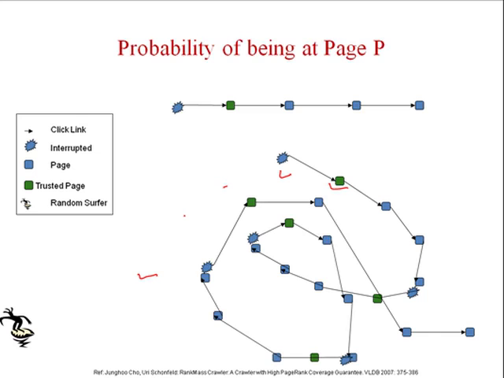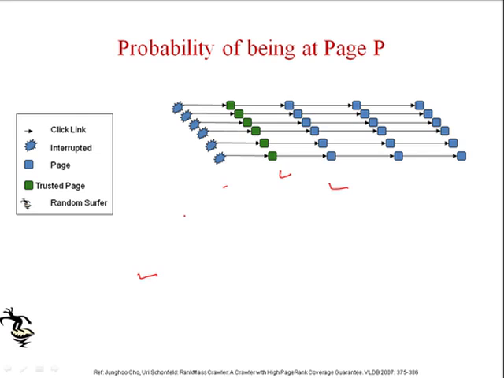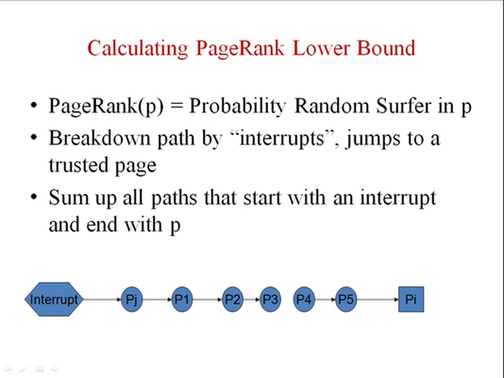The probability of being at page P can now be calculated like that. So, calculation of the PageRank lower bound: PageRank of P is equal to the probability of the random surfer being in P.